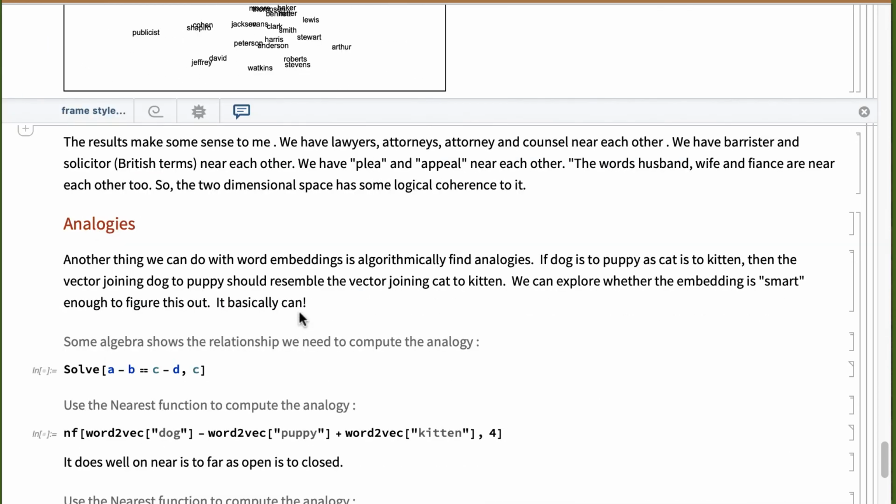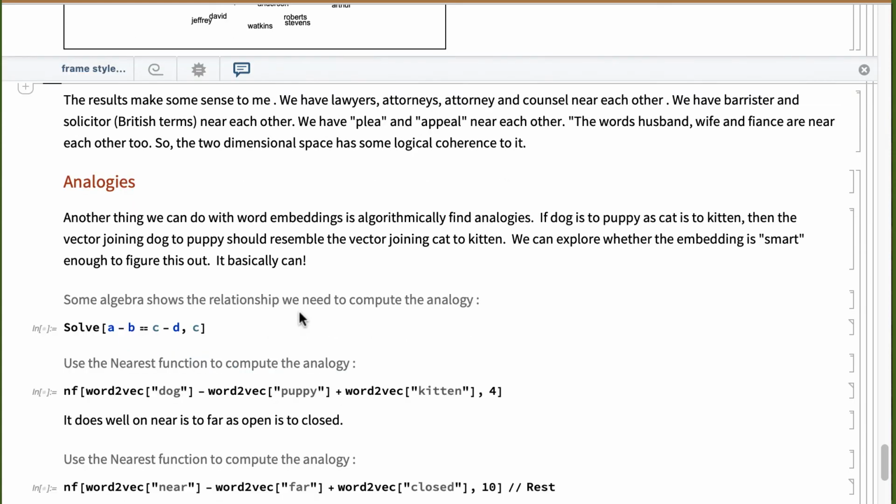But here's a more fun thing we can do. We can work with analogies. Like a human, if I say dog is to puppy as cat is to, most reasonably smart people will come up with kitten. And if that's true, then the vector joining dog to puppy should resemble the vector joining cat to kitten. So let's see if that's true. Basically, here's what we're solving.